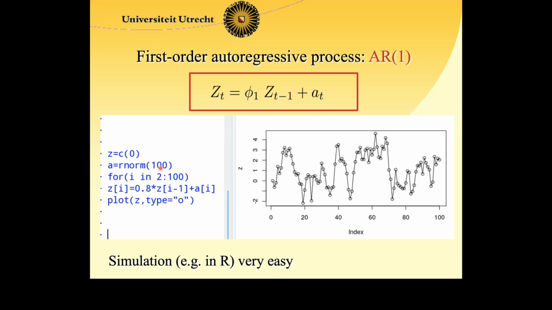And then in a loop for i from 2 to 100, we say Zi, and here phi1 is 0.8, is 0.8 times Zi minus 1 plus Ai. So now we fill in Z between 2 and 100 with these values. As you can see, the initial Z is equal to 0. And then if we plot it, we get this realization of an AR1 process.